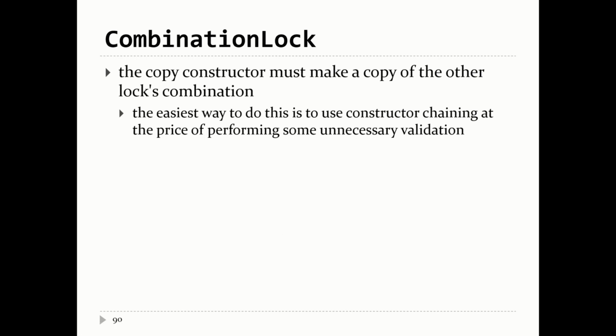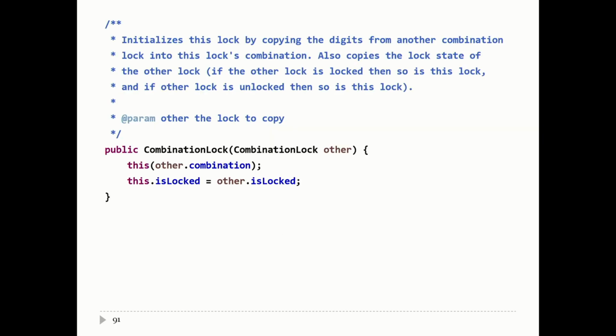If you have a copy constructor, then you have to do something similar. With a copy constructor, if I want to copy another combination, I have to copy the array from the other lock. You could write this.combination equals Arrays.copyOf other.combination, and so on.